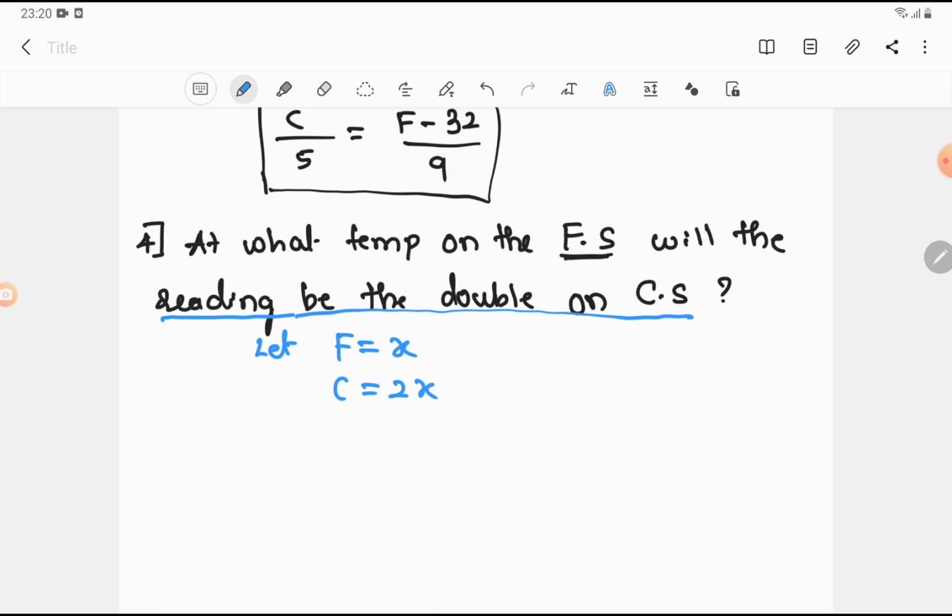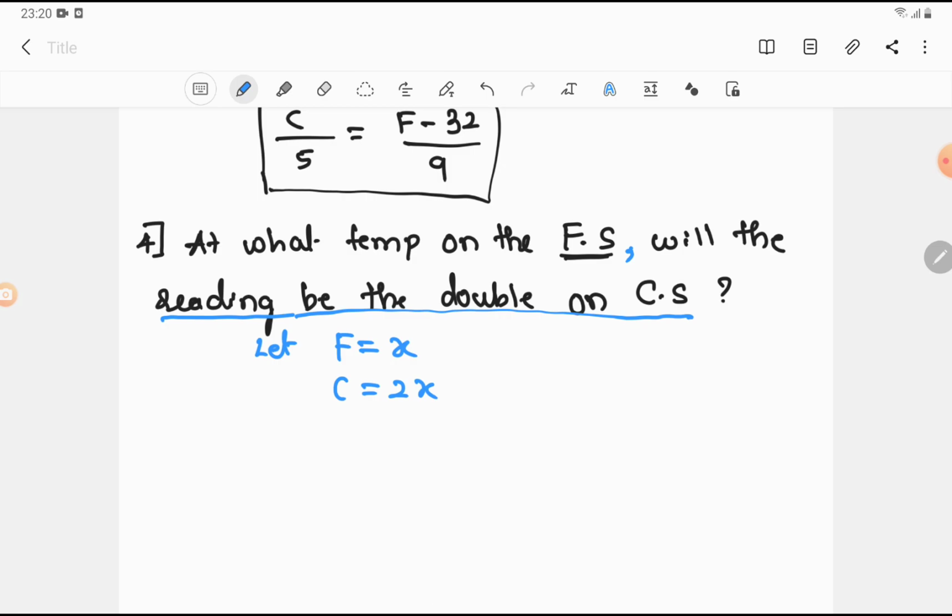At what temperature on the Fahrenheit scale, let the temperature be x, will the reading be double the reading on the Celsius scale? Hope you got it.